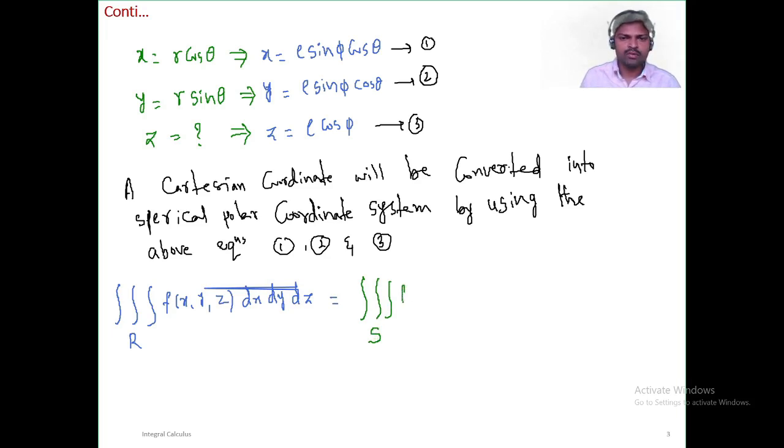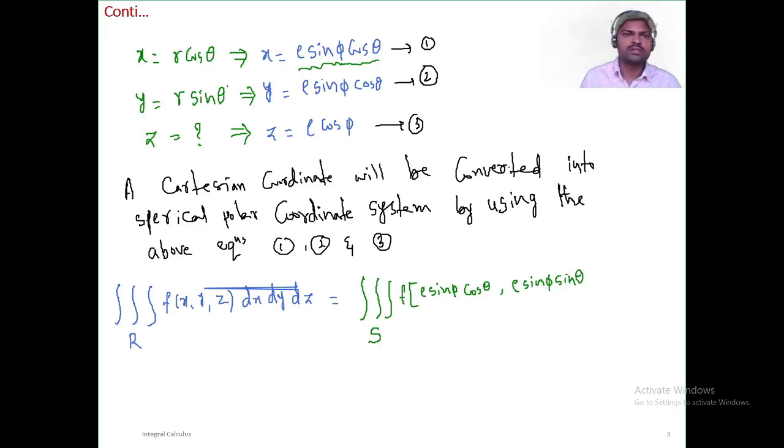We have to change the variables x, y, z in terms of rho, theta, phi. Instead of x, let us substitute this transformation, rho sin phi cos theta. Next, y is equal to rho sin phi sin theta.